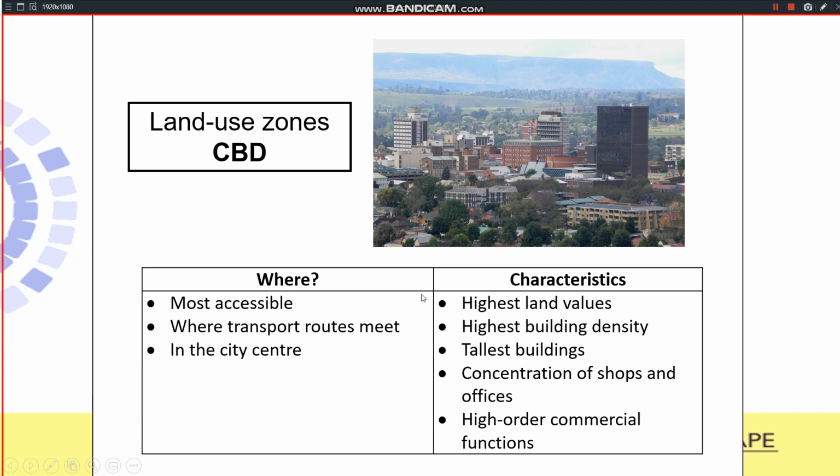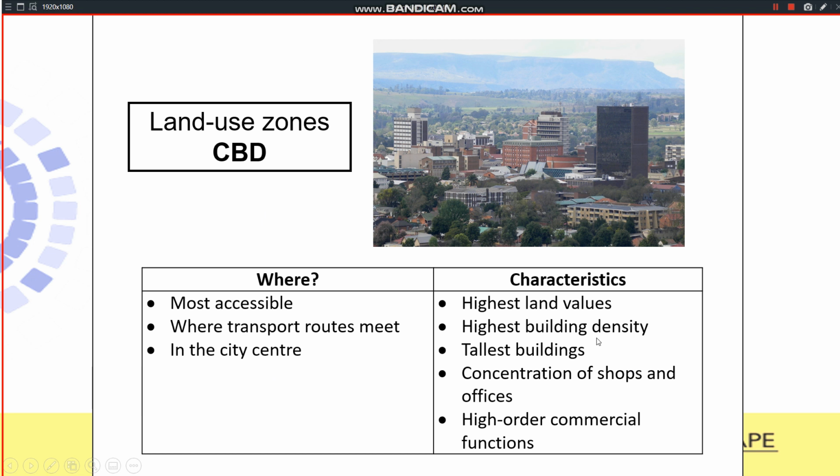It's very accessible because most people go to the CBD to do the following. They either work here, their businesses are here, therefore it's most accessible via transport routes or traffic routes. It's where all transport routes meet, and it's usually the city center.